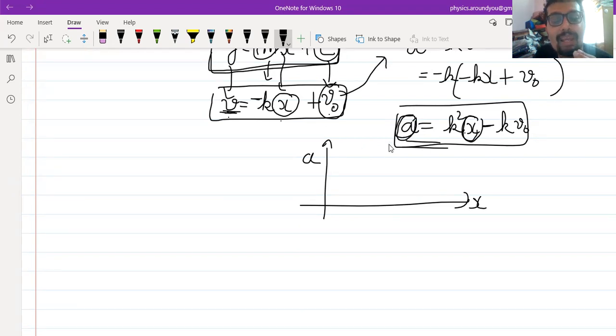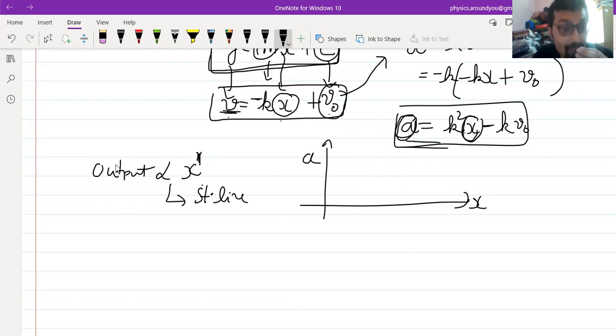I told you long back, whenever the output depends directly on the input, or on only a single power of the input, what is the shape of the graph? Straight line.